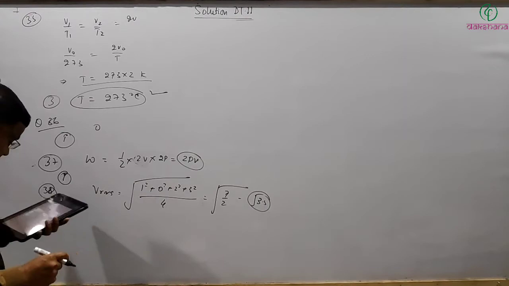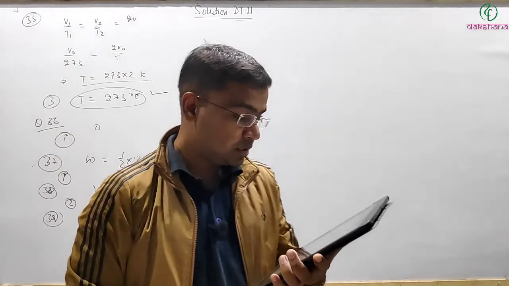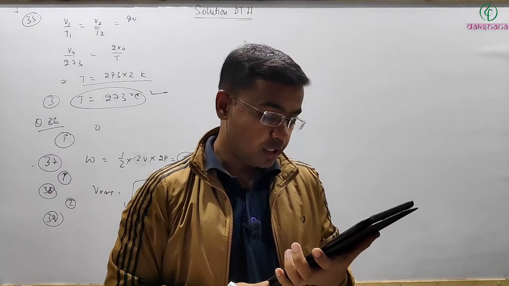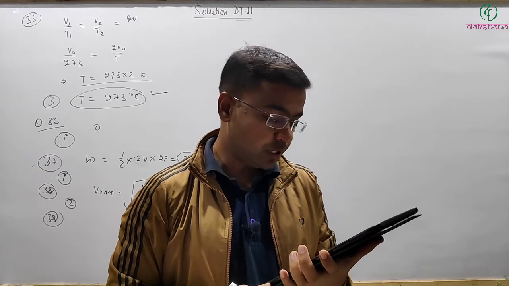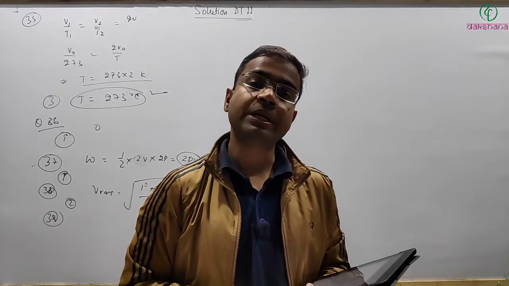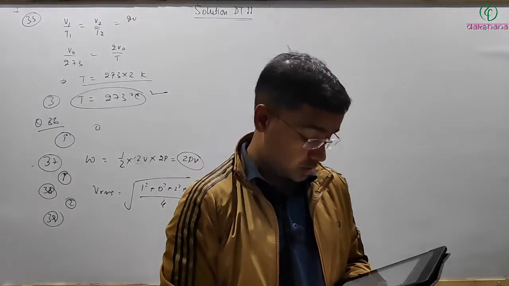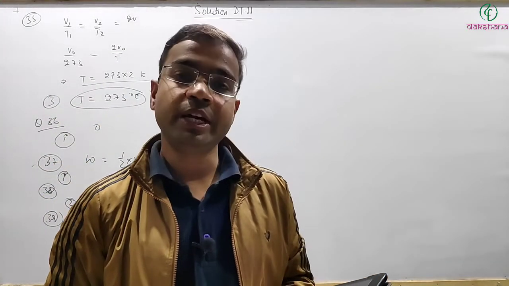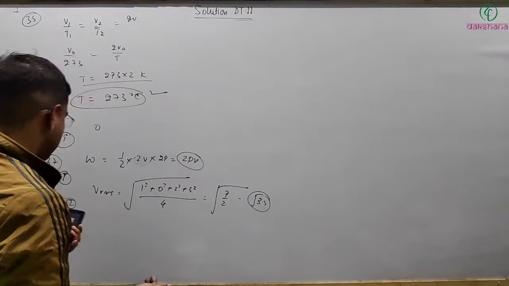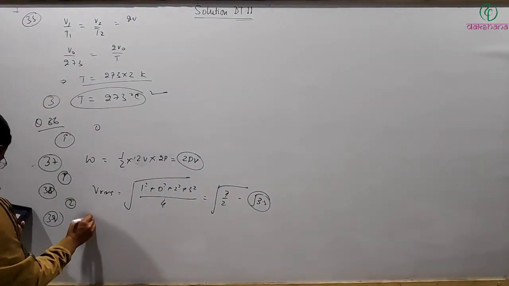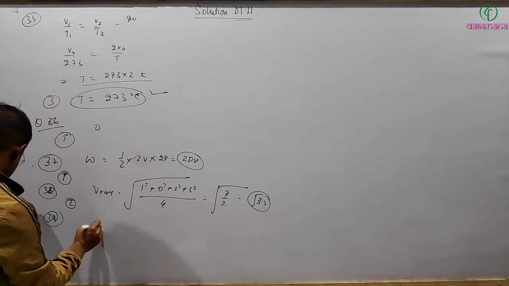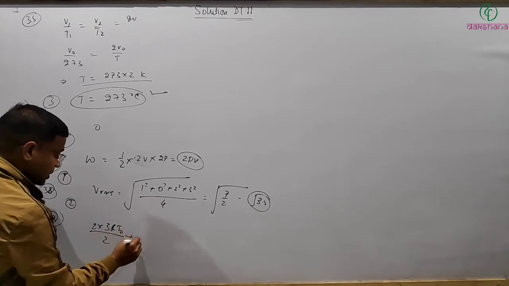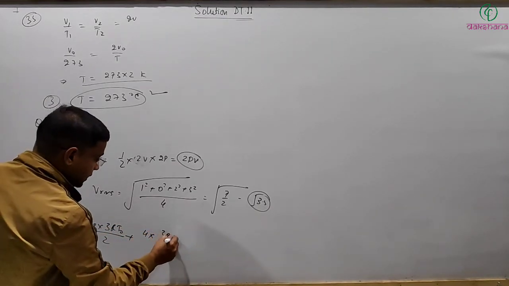Question number 39. If 2 moles of an ideal monoatomic gas at temperature T0 is mixed with 4 moles of another ideal monoatomic gas at temperature 4T0, then the temperature of the mixture. We solve this type of question by conservation of internal energy. Since it is a monoatomic gas, nfRT/2 will be the energy, where n is the number of moles. Total initial energy is the energy of the individual gases: 2 moles, monoatomic, so 3RT0/2, plus 4 moles again monoatomic with 4T0.